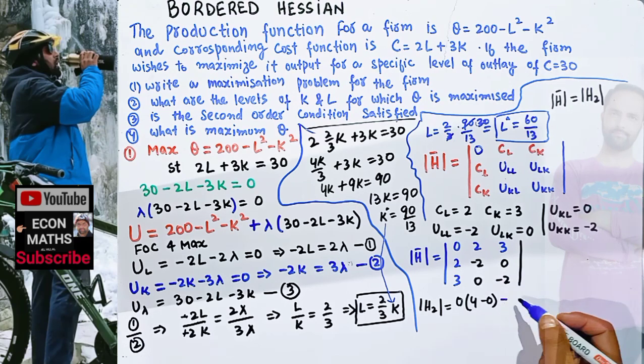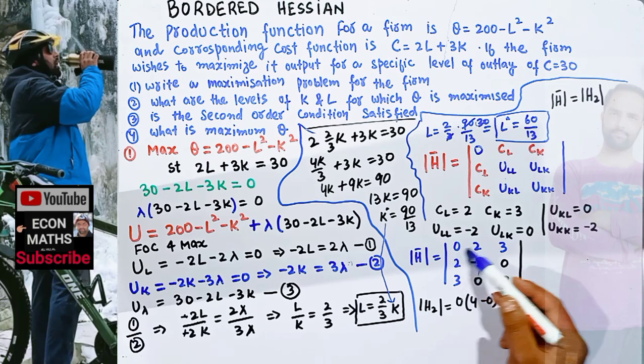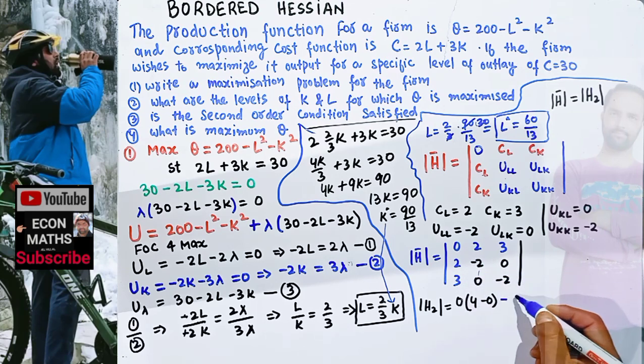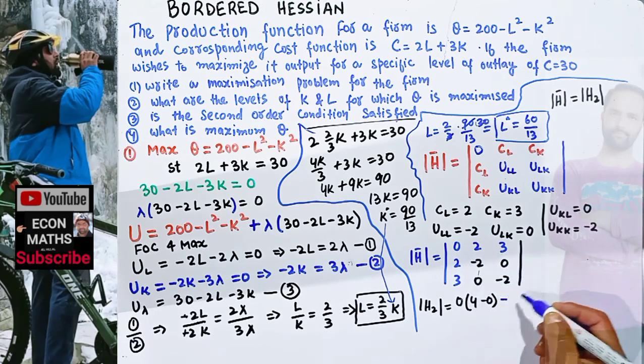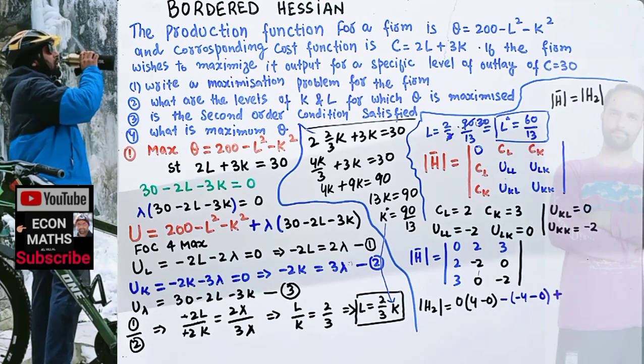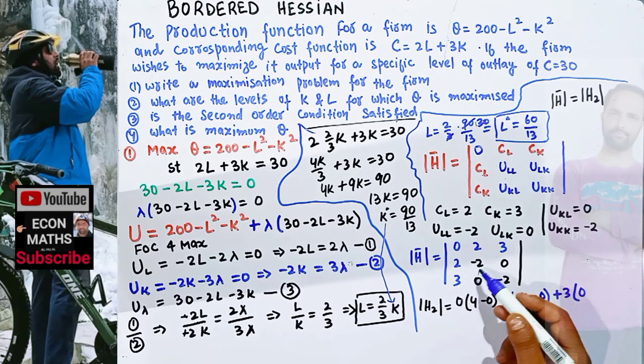Then we have minus from the formula, that means deleting this column and this row and multiplying the resulting elements. So we have 2 into, and I am really sorry if I have done any mistake in calculating this step. So 2 2s are minus 4, then we have minus 3 zeros are 0, then we have plus from the formula, we have 3, this time deleting this column and this row and taking the determinant of the remaining elements. 2 zeros are 0, minus into minus is plus, so we have 3 2s are 6.